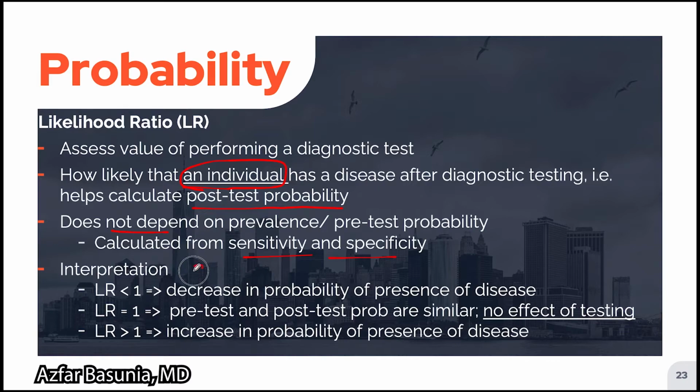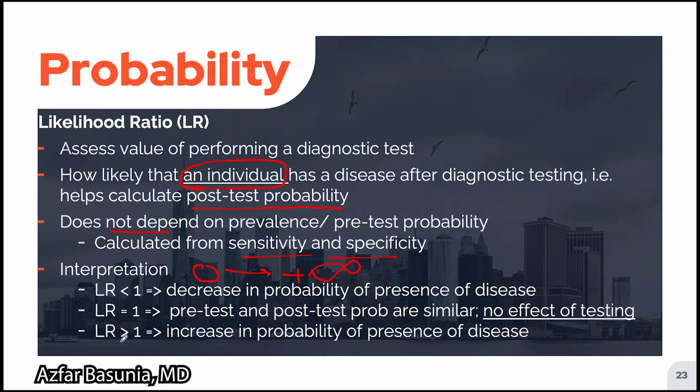The range of likelihood ratio goes from 0 to positive infinity. Thus, when the likelihood ratio is less than 1, this means that there is decrease in the probability of presence of the disease. When the likelihood ratio is equal to 1, this means that the pretest and the post-test probabilities are similar. That is, there is no beneficial effect in doing the test.